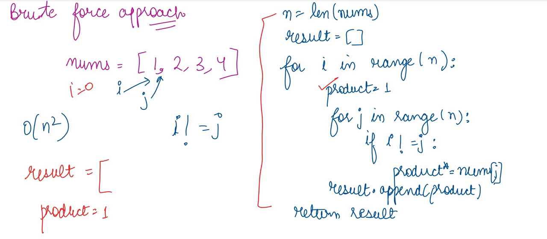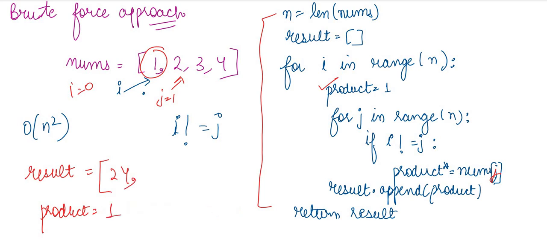But j equal to 0, i equal to 0, we will leave this and j will be considered from 1. So I will multiply nums[j] when j is not equal to i, leaving the current element. Simple. 2 star 3 star 4, it will be 24. I will store 24 here, and then again I will change product value to 1.